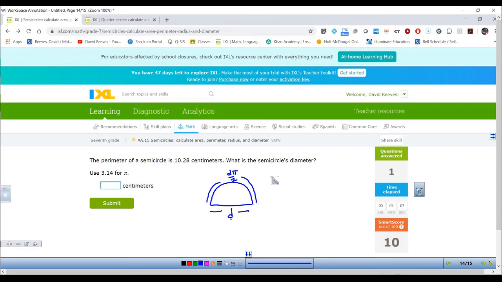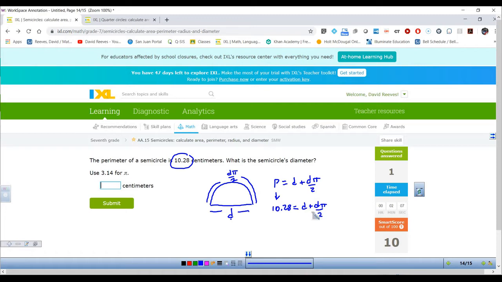So the perimeter of a semicircle is the diameter plus the diameter times pi divided by 2. They told us that perimeter is 10.28, so 10.28 equals the diameter plus the diameter times pi divided by 2.